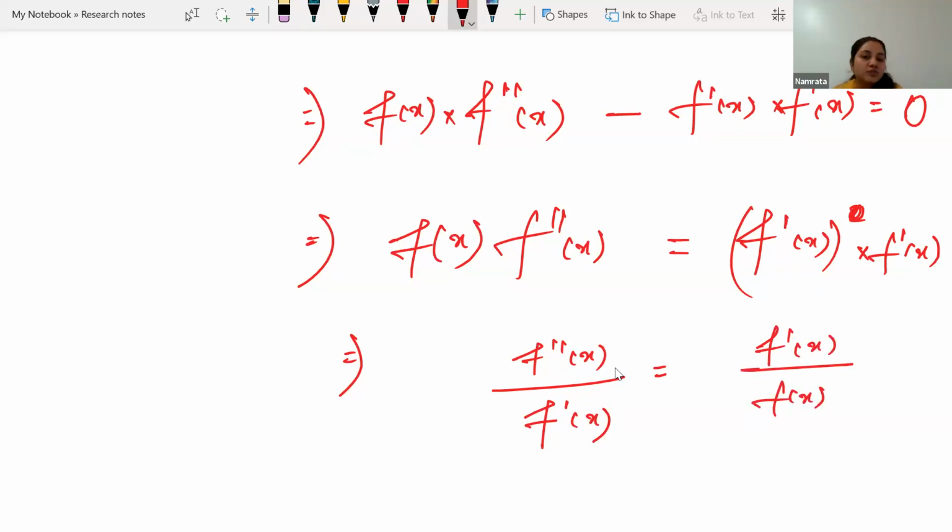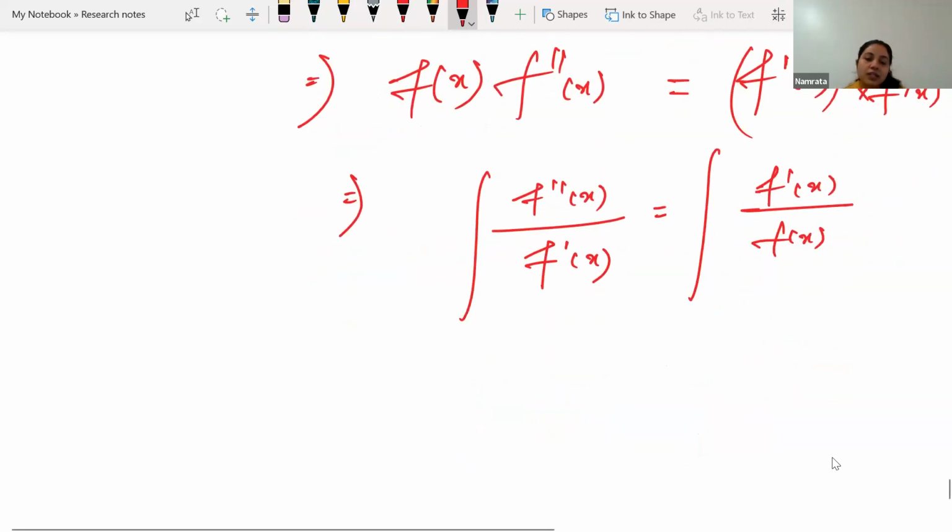This type of integration we have done. When we take the denominator as a substitution and do the derivative, we get the numerator. Here also we are getting the same thing, if you see. For that only I am arranging it like this. Then we will do integration on both sides. On this side you take the denominator as substitution and you will get the numerator.